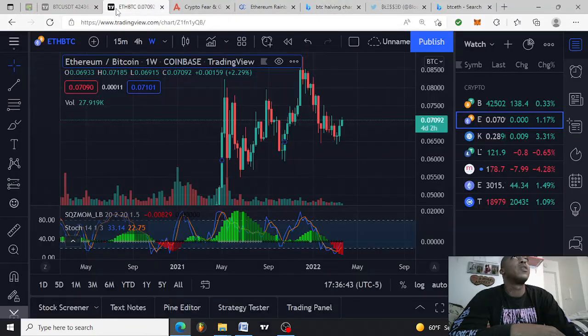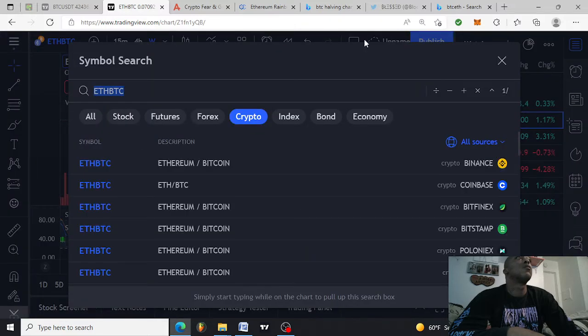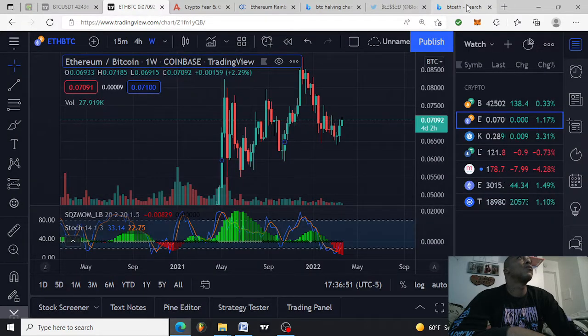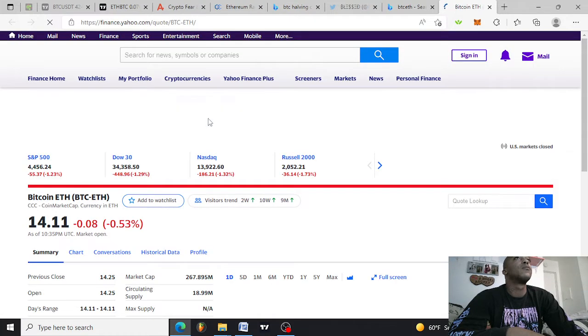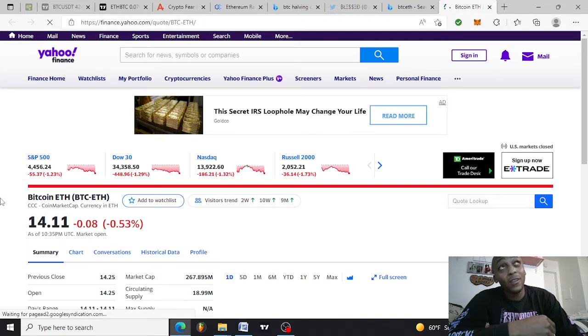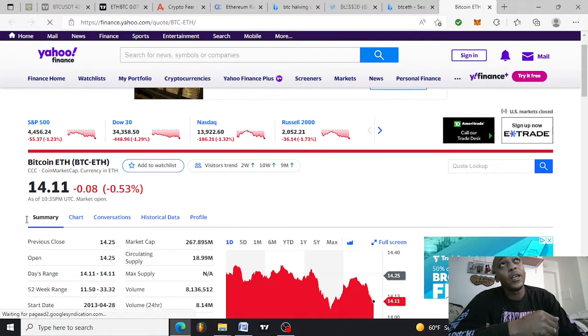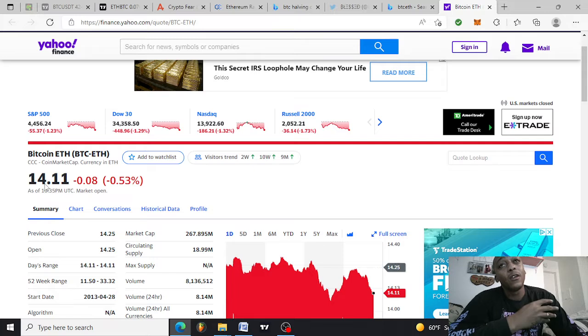Let me go back to my chart. Well, I'll just do it this way. Alright, so for one Bitcoin at this current time, you can have 14.11 Ethereum.